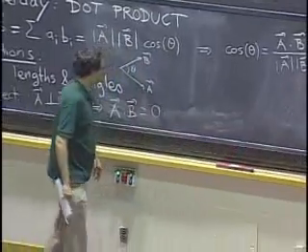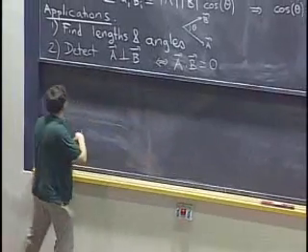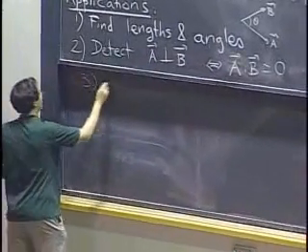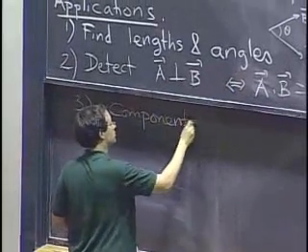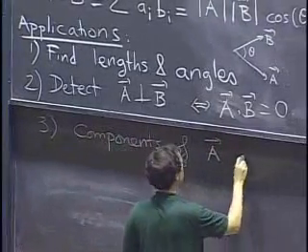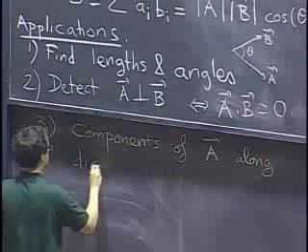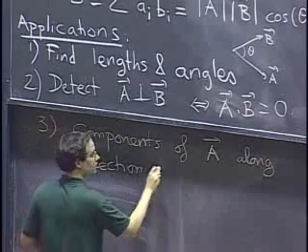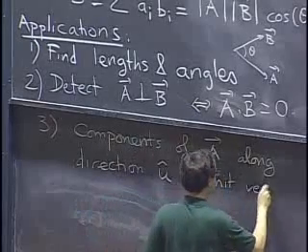Okay. And one third application that we didn't have time to discuss yesterday, that I will mention very quickly, is to find components. So let's say, find the component of a vector A along a direction U, so some unit vector. So let me explain.